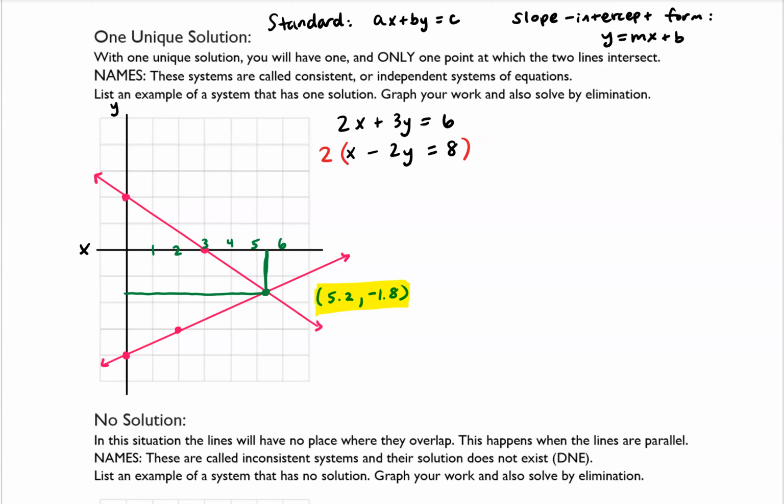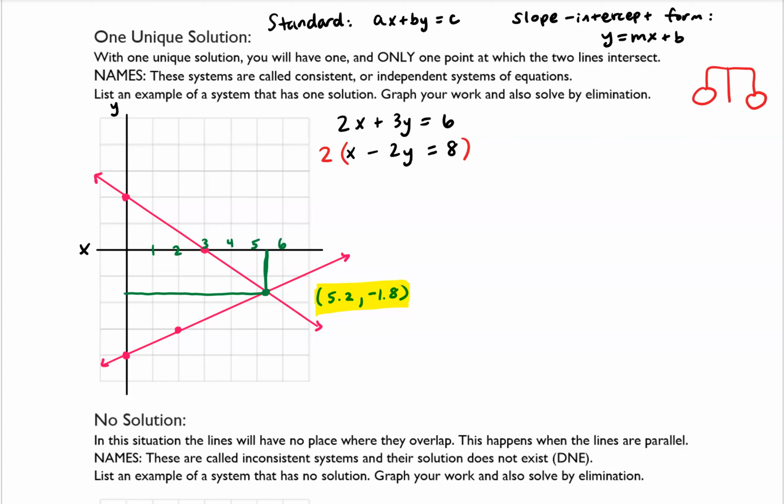Now, in your mind, you should be able to convince yourself that that's okay, because as long as I do something to one side of the equation, as long as I do it to the other side as well, the equation will still remain equal. You can almost think of it as like a balance.